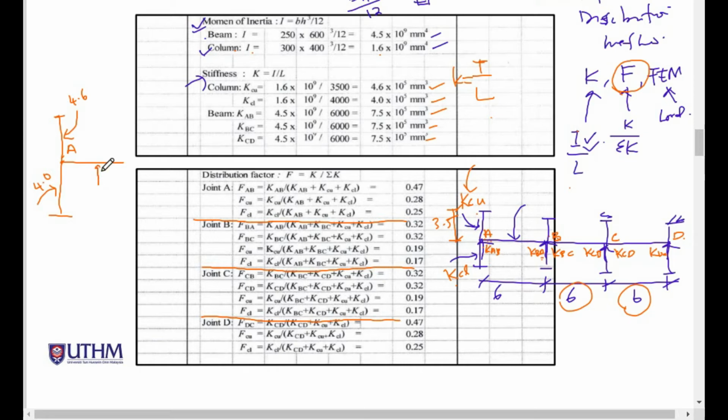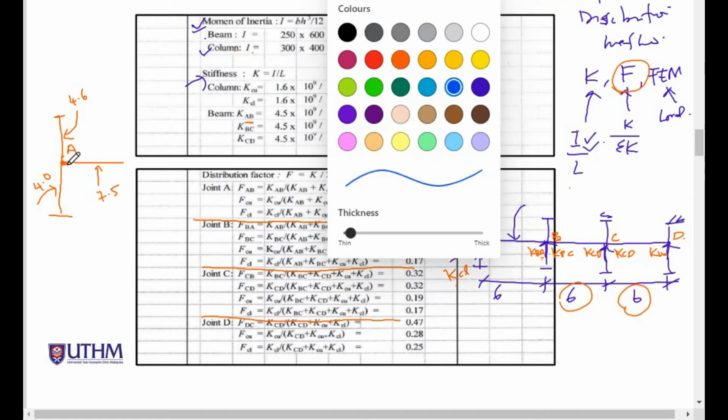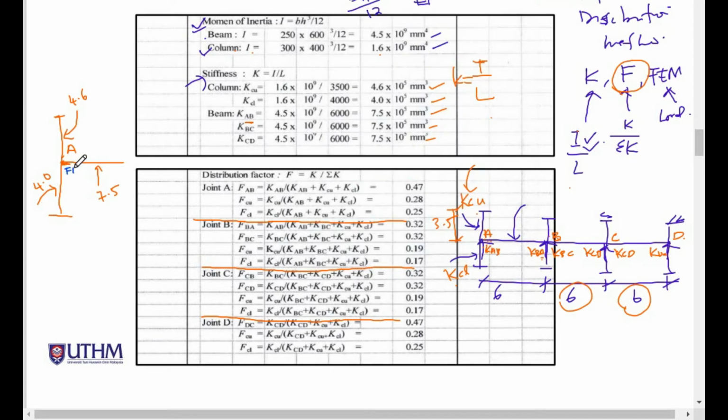And KAB here is 7.5. So to determine the distribution factor FAB for the beam, here is FCU, and here is FCL. First determine the FAB.